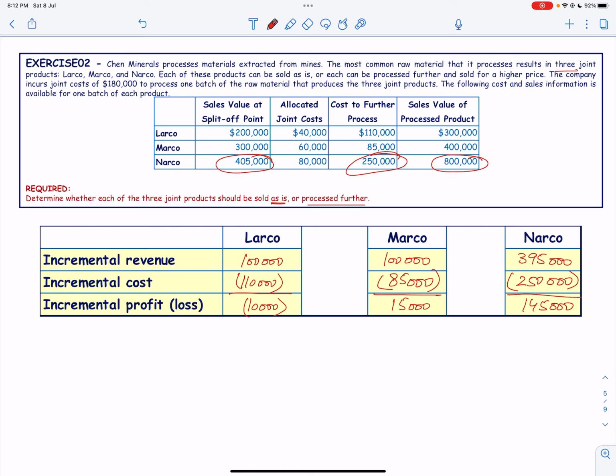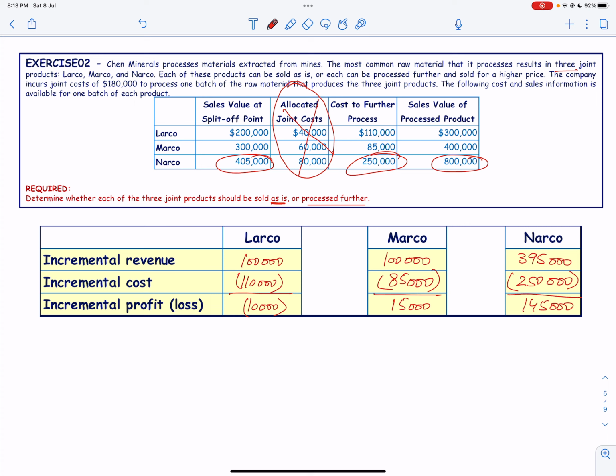I would also like to add that the allocated joint costs are irrelevant to the decision, since these costs will not change whether or not the products are sold as is or processed further.